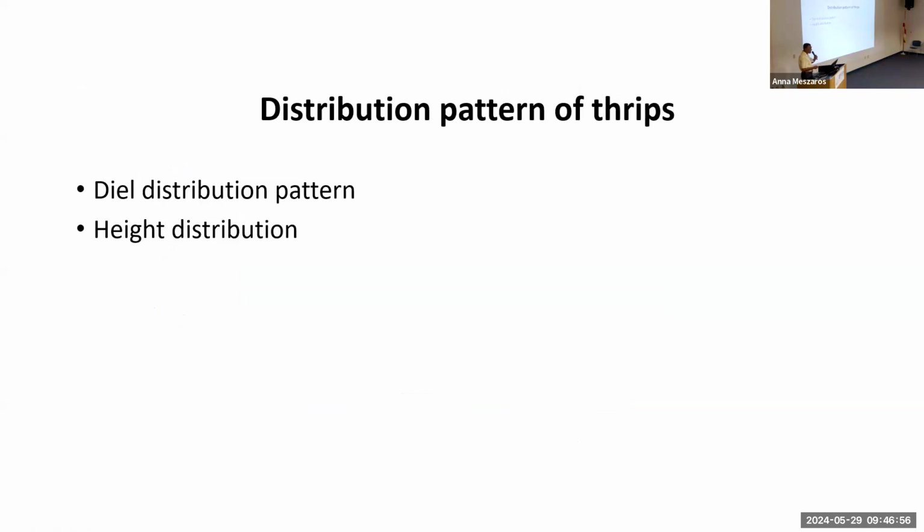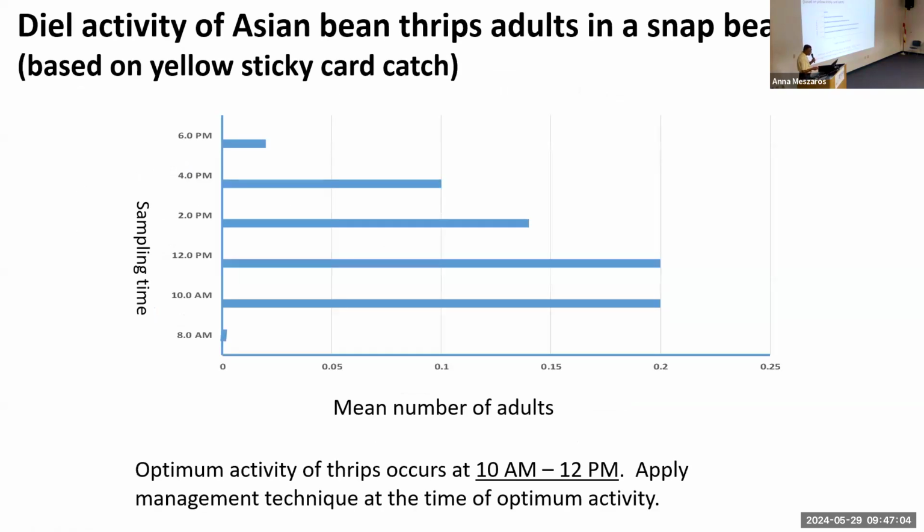Now, diel pattern of distribution. I'll show you this slide just to let you know what time we should spray our field. This shows the abundance of Asian bean thrips at different time of the day.